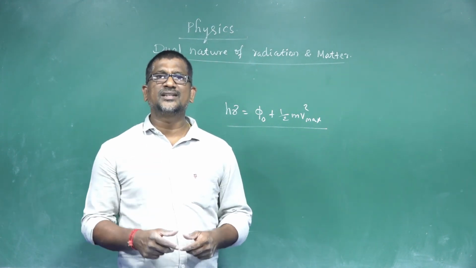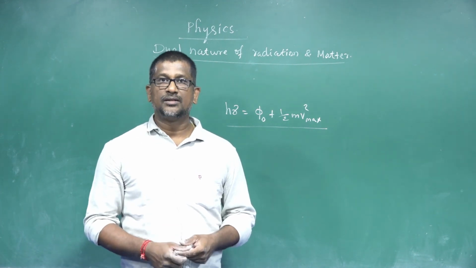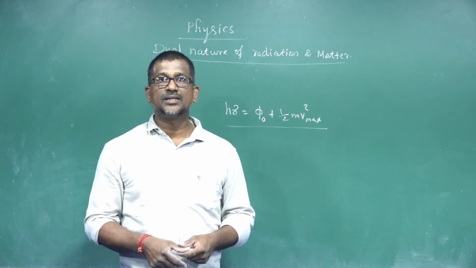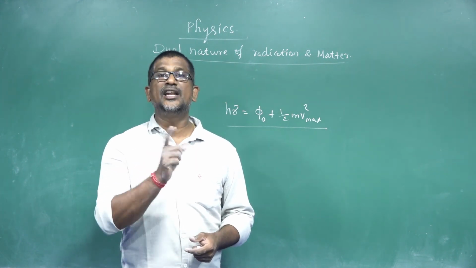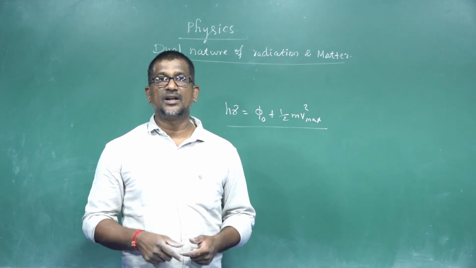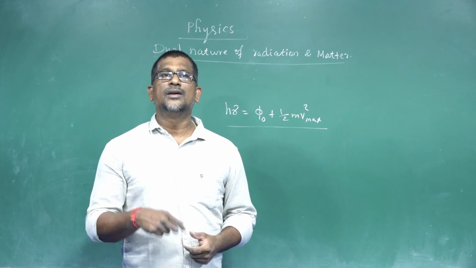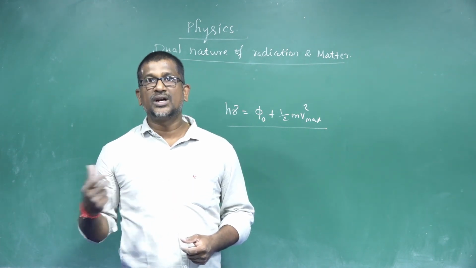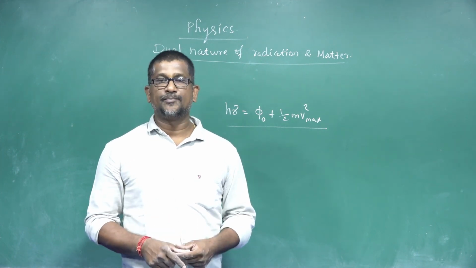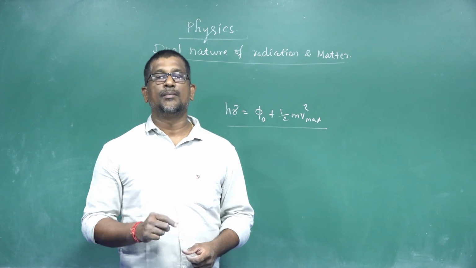He conducted several experiments using different alkali metals. After performing those experiments, he found that the slope of the line is independent of the nature of the metal. And he also determined the value of Planck's constant and the photoelectric work function of different alkali metals experimentally, right? So Einstein's photoelectric equation was experimentally verified by Millikan, right?